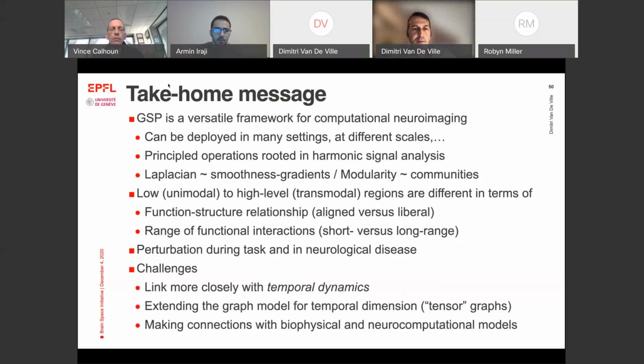There have been papers on that in the GSP field that could find their place in neuroimaging.